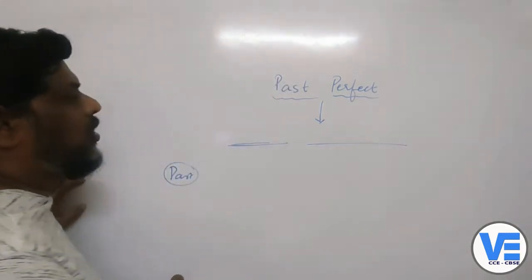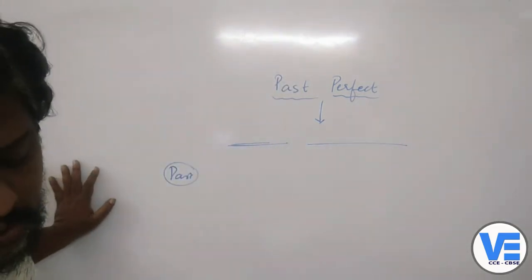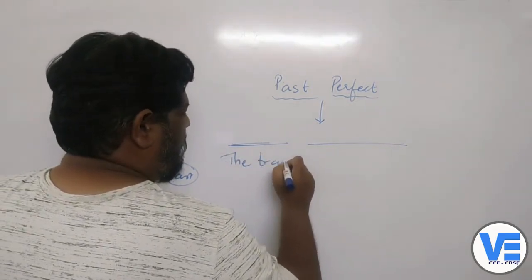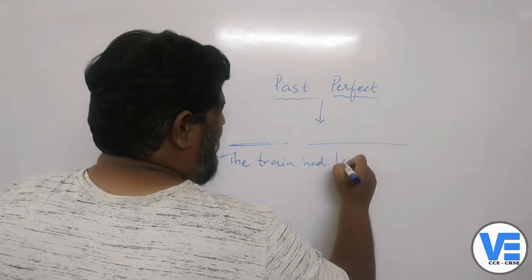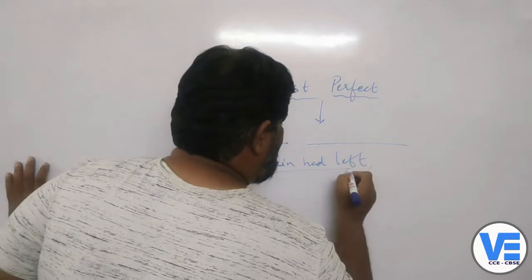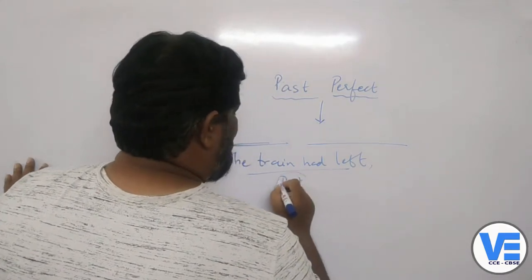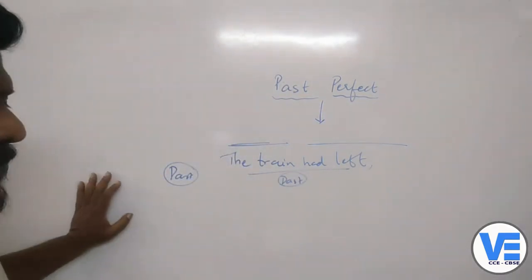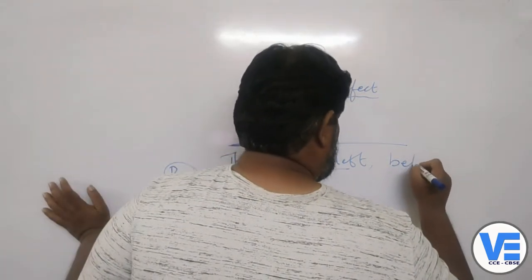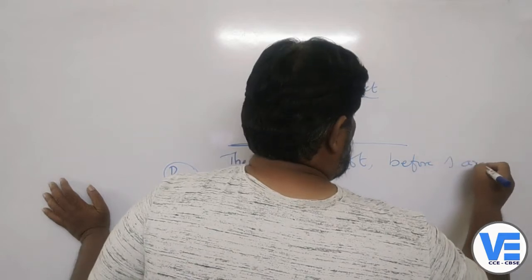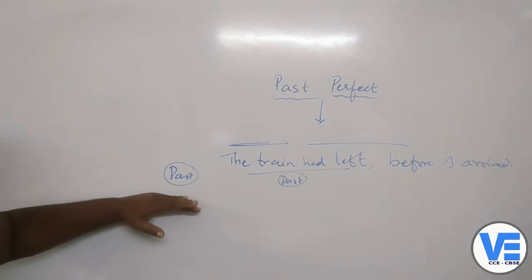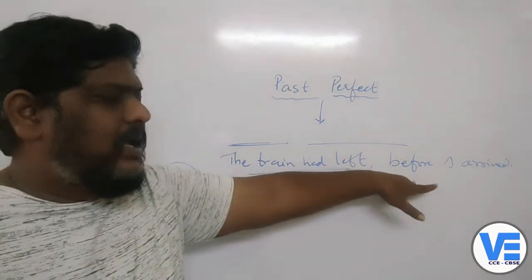You can take the example like this: The train had left, before I arrived. So he was telling that the train had left before he arrived.